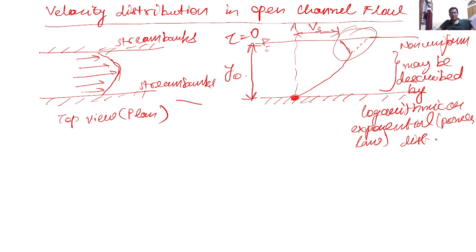Now let us see how the velocity distribution, or the point of maximum velocity, would look like for a very narrow channel versus a very wide channel. This point is the one in which the velocity is the maximum. So this is the V max point. Now let us compare how the velocities would look like for a wider channel versus a narrow channel.